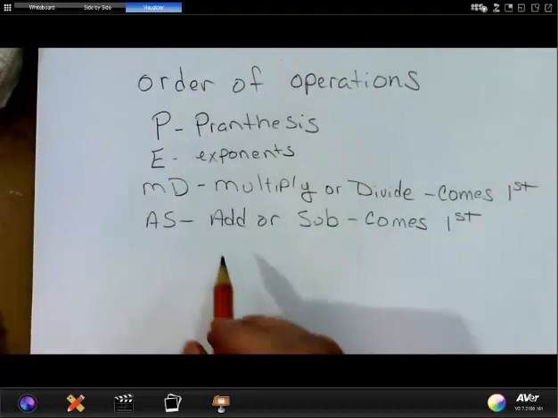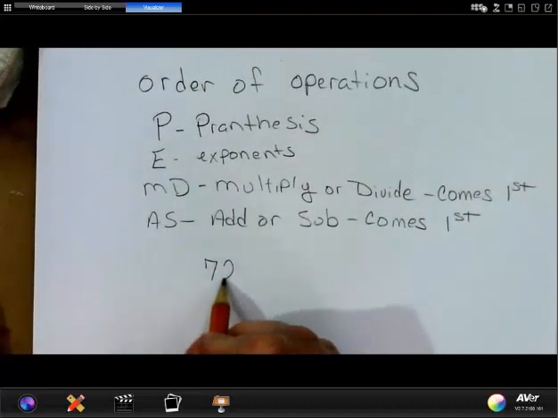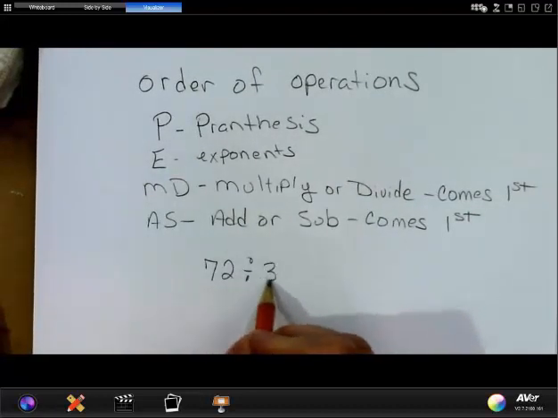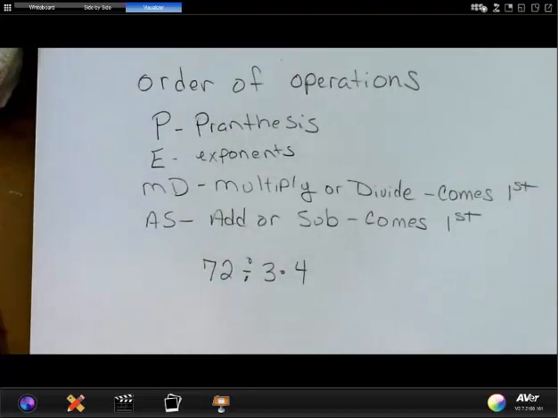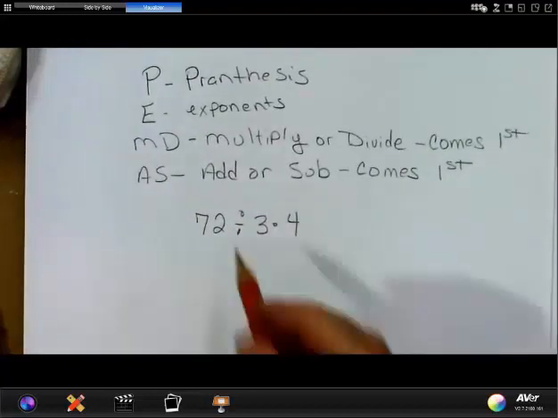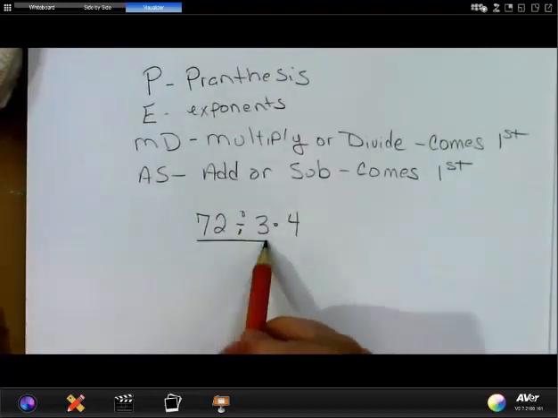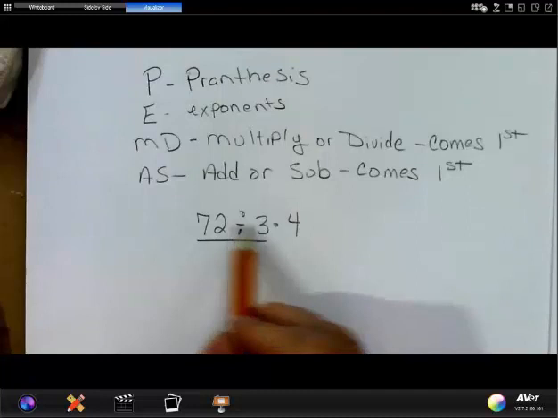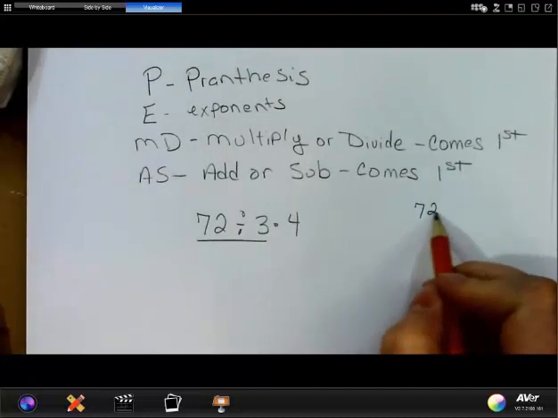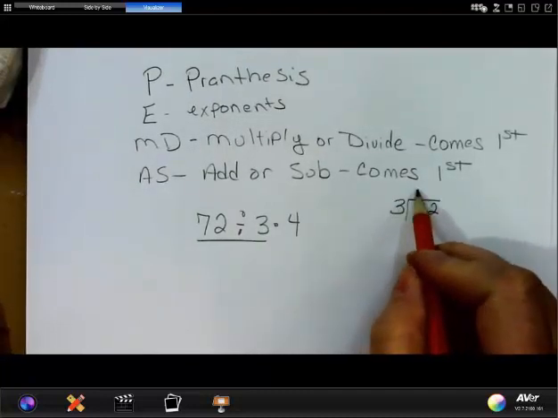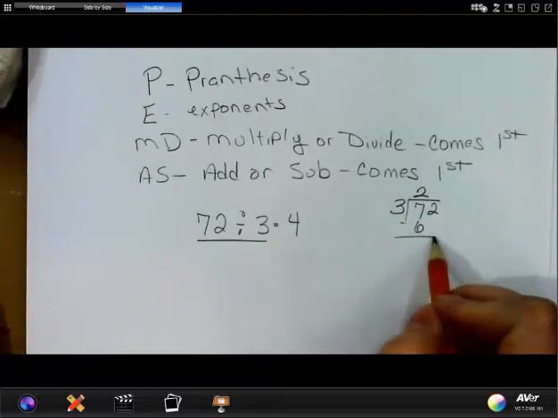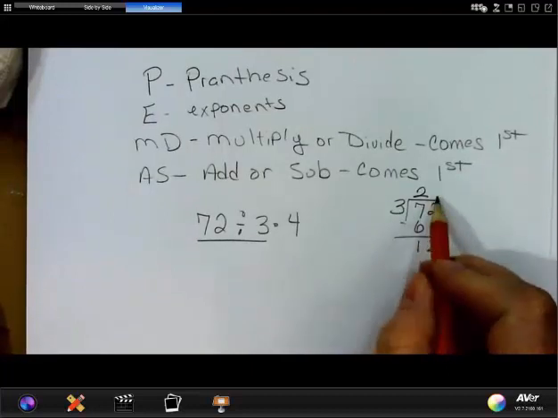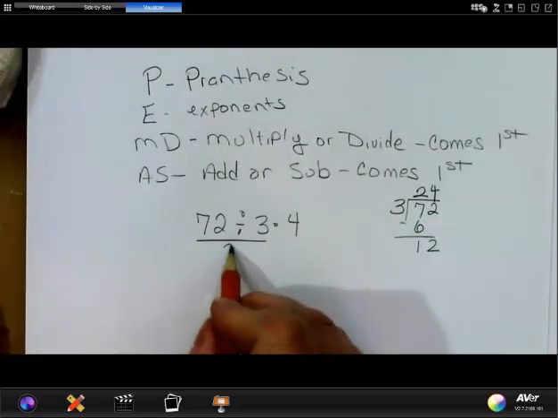So if we look at this problem, we actually do the division first. I like to underline my problems so I know what I'm doing first. So 72 divided by 3. 3 goes into 7 2 times, which is 6. 3 goes into 12 4 times, would be 24.